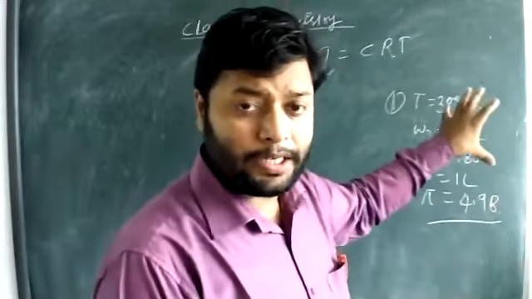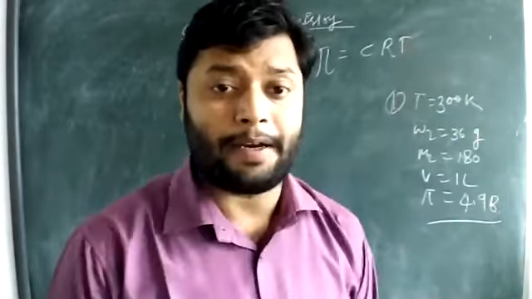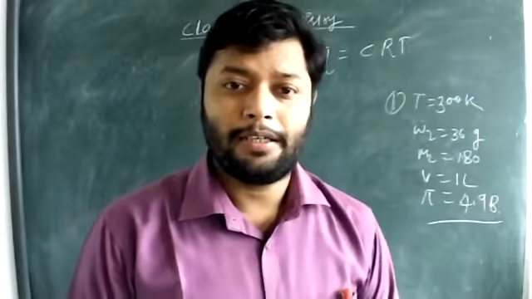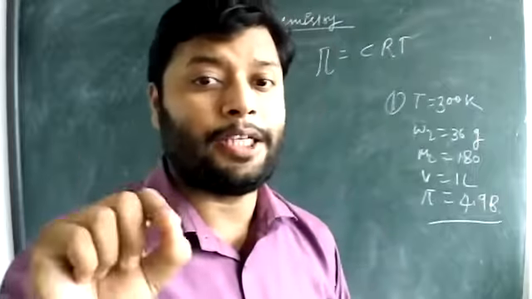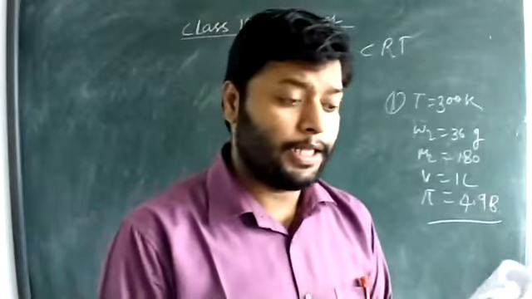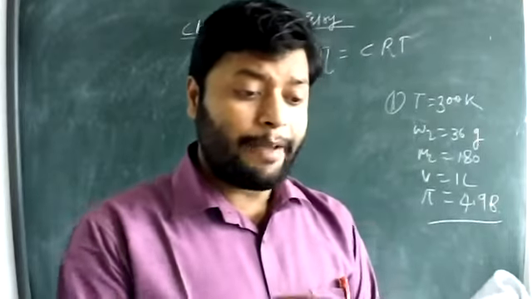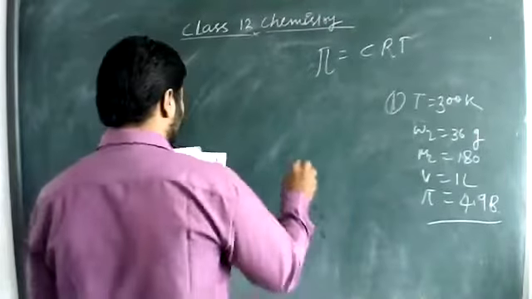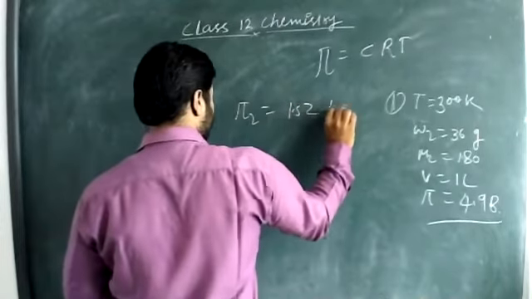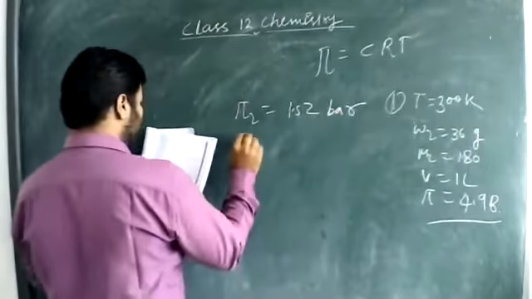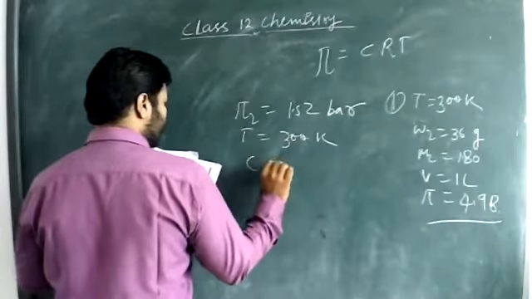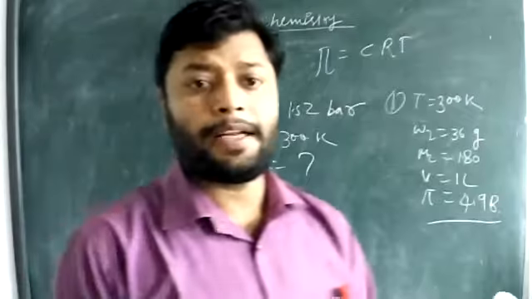So with the help of the first condition, first we have to calculate the value of R. Don't think, sir, R is a universal constant, but you have to calculate it here. That is the necessary thing given in the first condition. And in the second condition, the osmotic pressure is 1.52 at the same temperature, what would be the concentration?